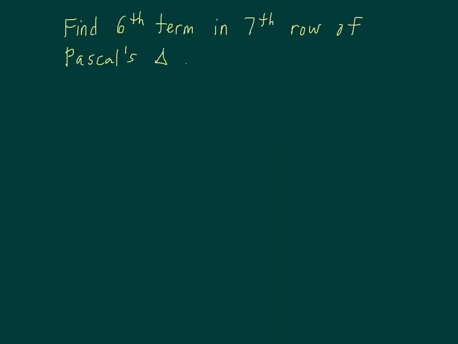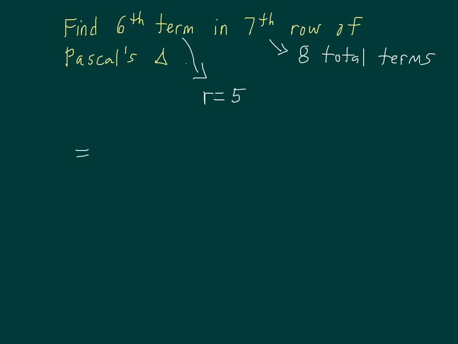Last example. Suppose we're looking to find the 6th term in the 7th row of Pascal's triangle. If it's the 7th row, we know that there are 8 total terms. Out of those 8, we want the 6th one. If we want the 6th term, the R value is always 1 less than the term we want.